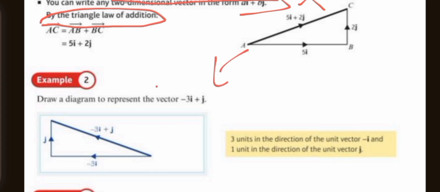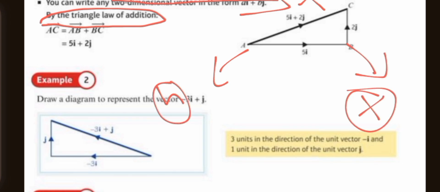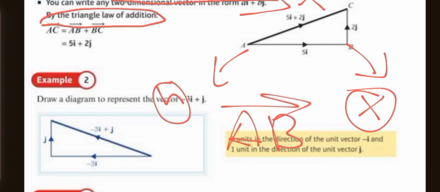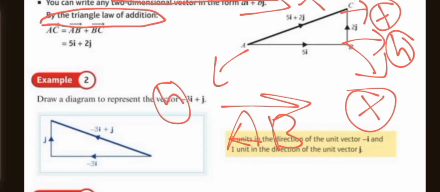If this one is the head and this one is the tail of the vector AB, then this one is the head and this one is the tail of the vector BC. So it will go from head to tail, from head to tail, and then again from head to tail.